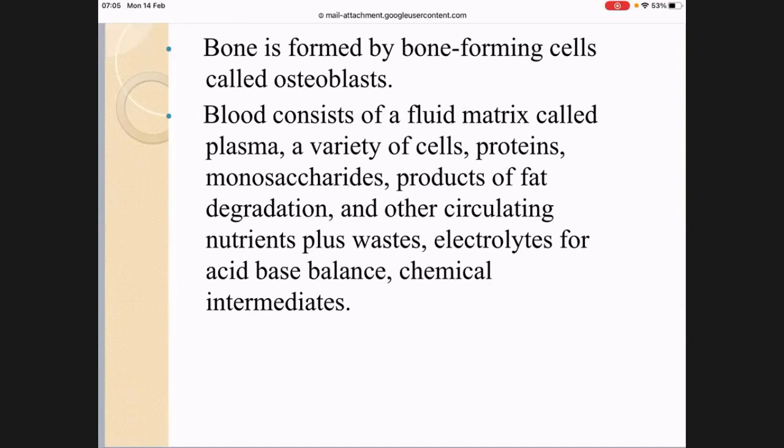Connective tissue has cells and the ground substance. Blood consists of a fluid matrix. The matrix is what we call the ground substance, which is the plasma in blood. That's why blood is classified as connective tissue. Why? It has a matrix and a variety of cells, and the fibers.